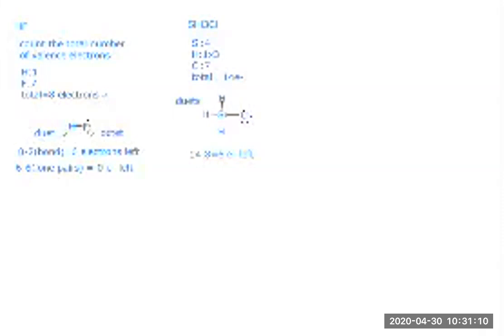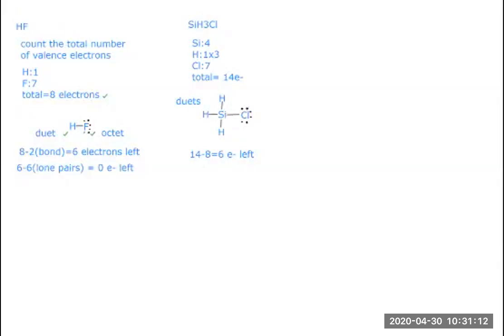Okay, they are not all the same size, but that's better. So we have positioned our 6 electrons left here. 6 minus 6 equals 0 electrons left. And so now we have used all the electrons that were available to distribute.